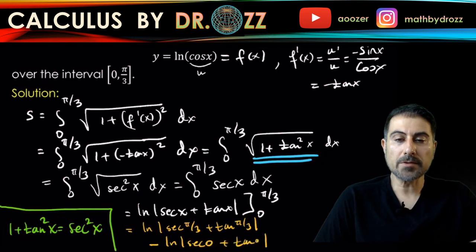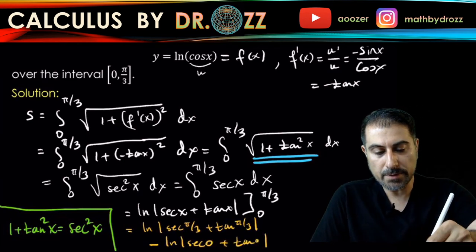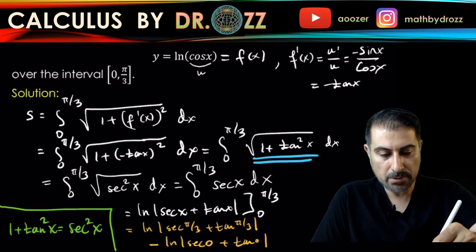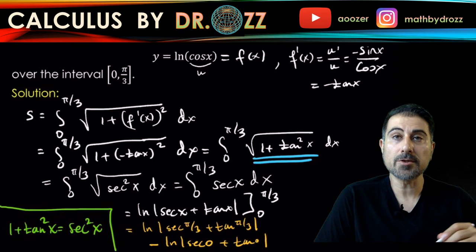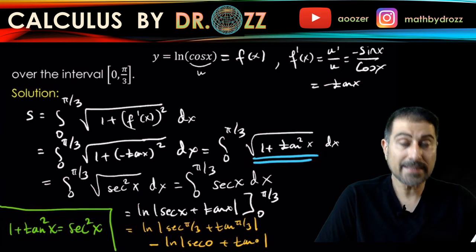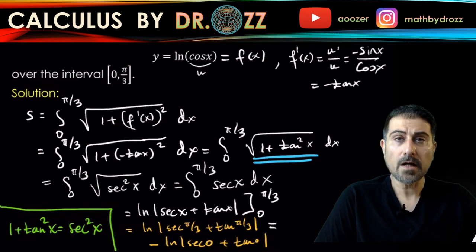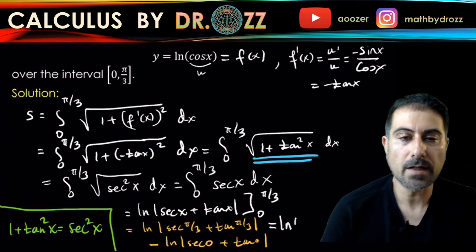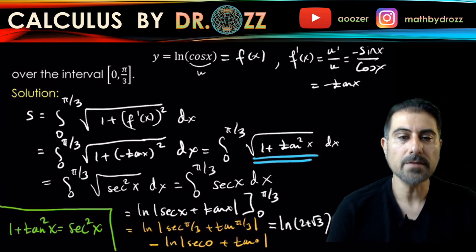And go ahead and use your calculator to get an approximation. Let me write down the exact value here, which is ln of the absolute value of 2 plus radical 3, but that's positive. So ln of 2 plus radical 3.